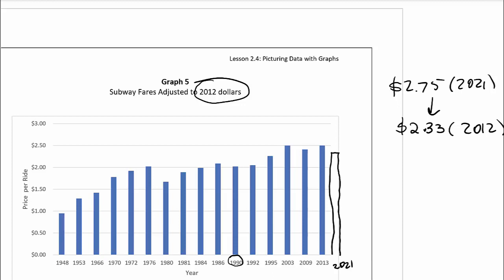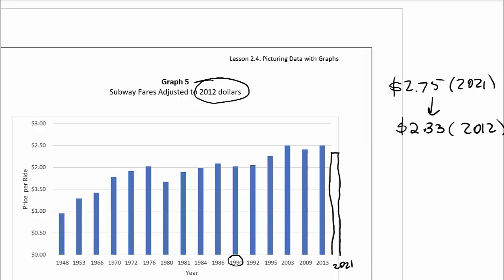Just kind of interesting, right? So it doesn't mean that the cost of the subway right now is $2.33. No, I'm just saying that the amount of stuff that we can buy for $2.75 today, in 2012 we only needed $2.33 to buy exactly the same thing. That's the idea of inflation, that the money, as time goes by, loses its value.